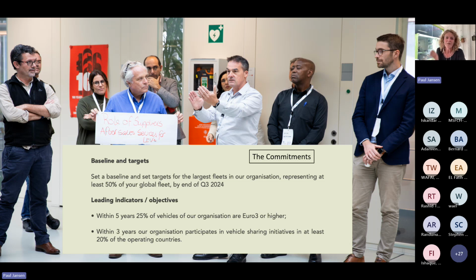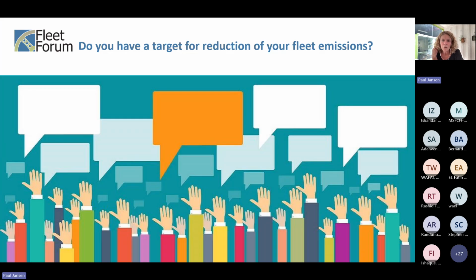So maybe let's start with a poll, and I will launch that right now. How many of you do have a target for the reduction of your fleet emissions? You will see the poll in the chat, but I think it also appears on screen.